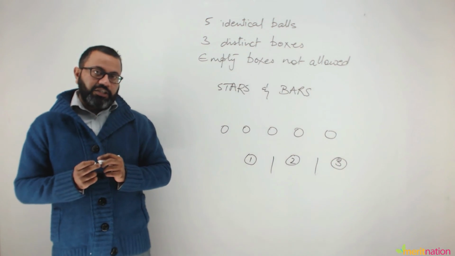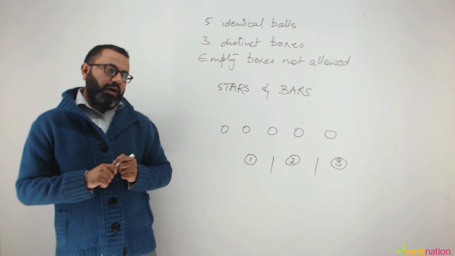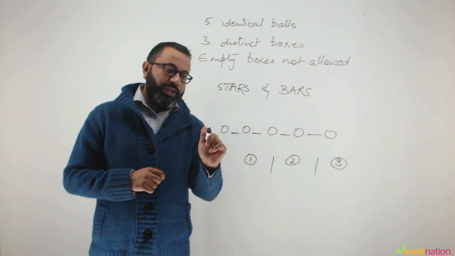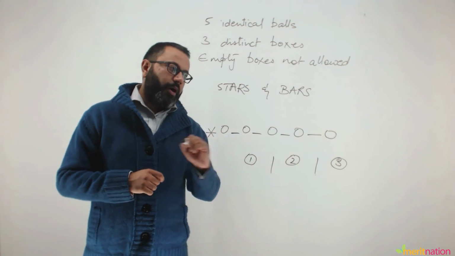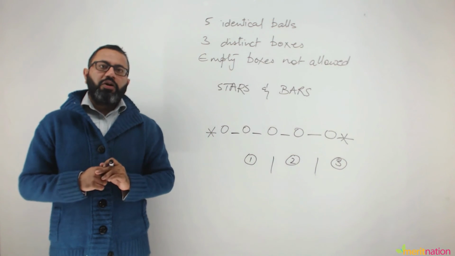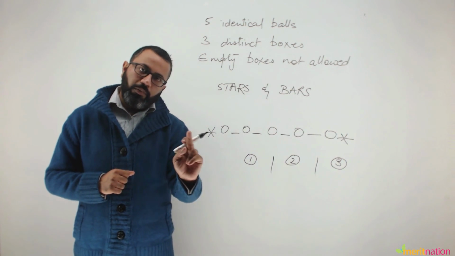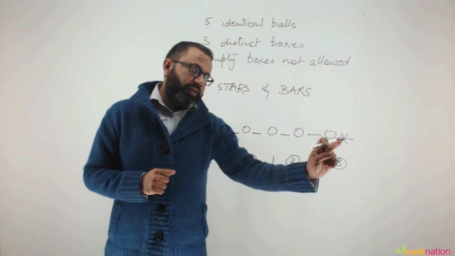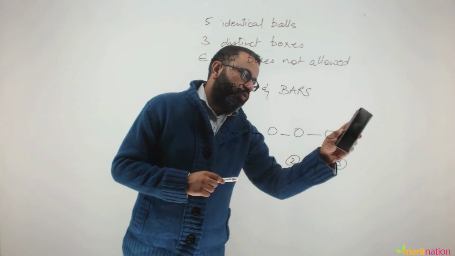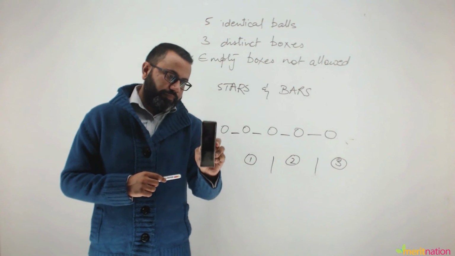So all the valid places for these bars to appear are in the gaps between the balls. We do not allow a bar here or at the end, because that would imply that one of the boxes was empty. If I placed a bar here, box number 1 would become empty. If I placed a bar here, box number 3 would become empty. So these two are not allowed.